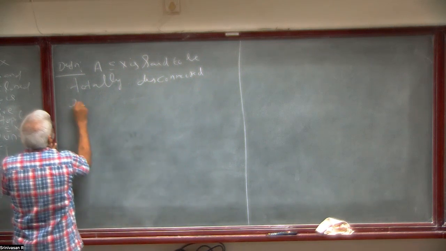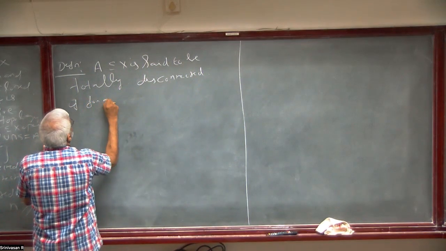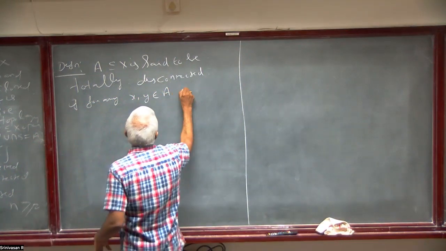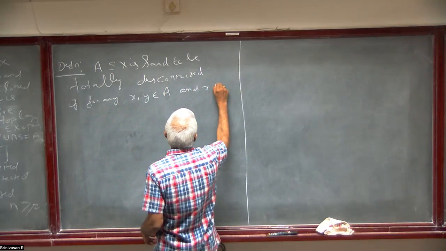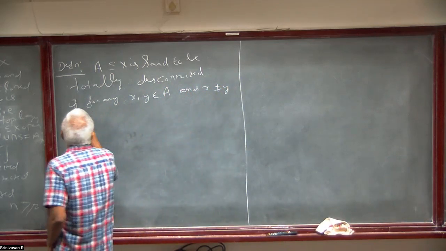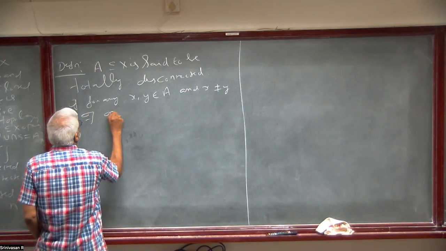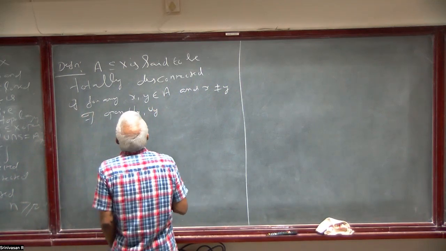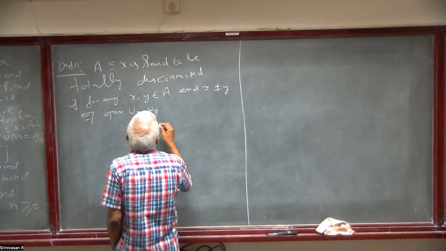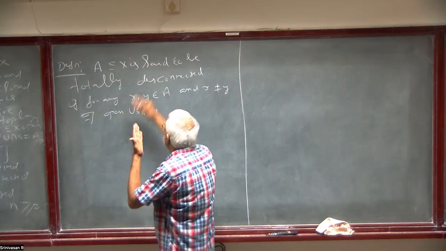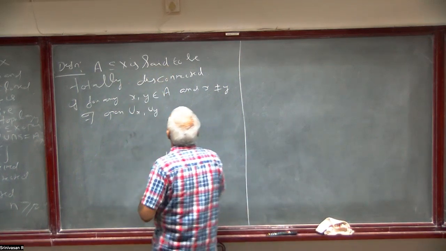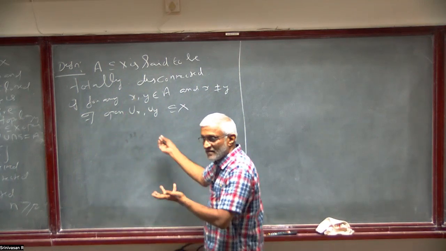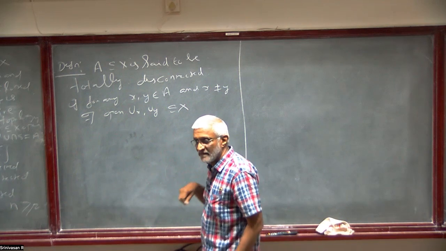If for any x and y in A, with x not equal to y, there exist open sets Ux, Uy, maybe in X open, or you take the intersection with A, that will satisfy, then that will be equality in the definition.